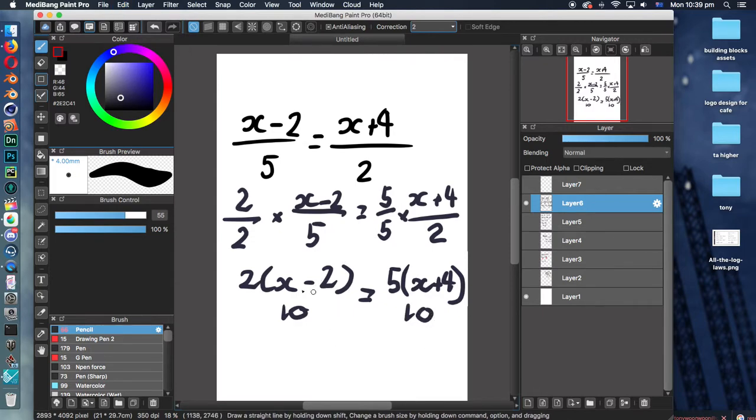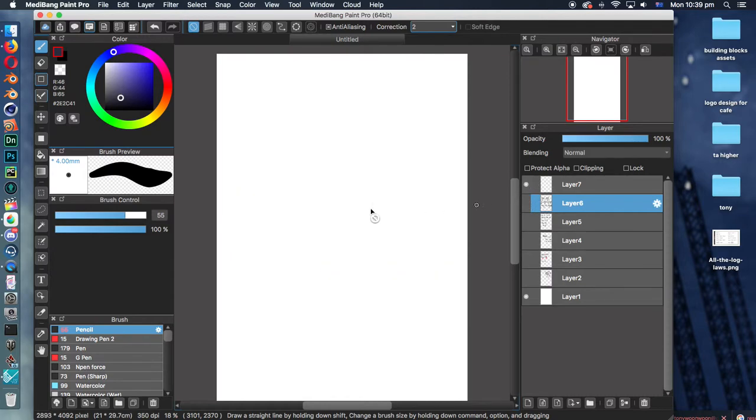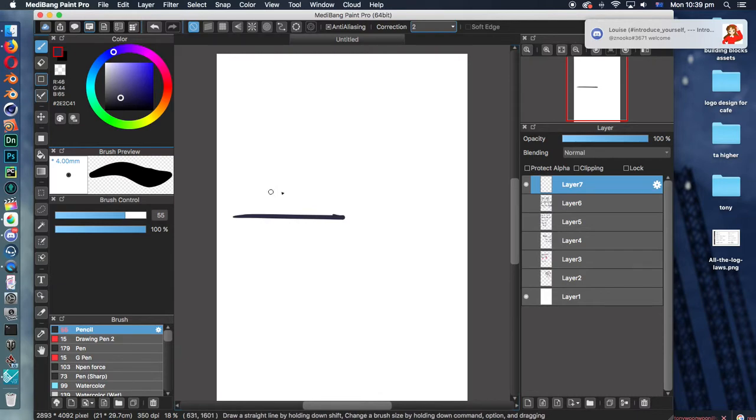So now the next step is to get rid of the 10. How we do that is times this by 10, and we times this by 10 at the same time. So simultaneously we times these two by 10 on the same side. So let's bring in another sheet of paper. Let's just say it's x over 10.